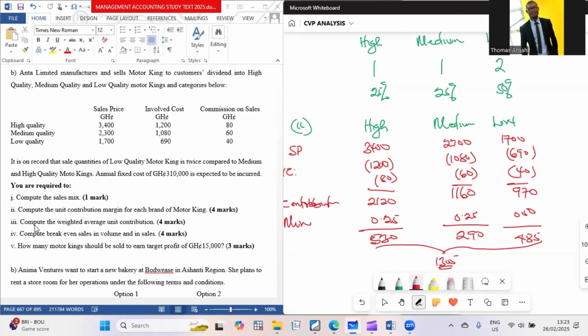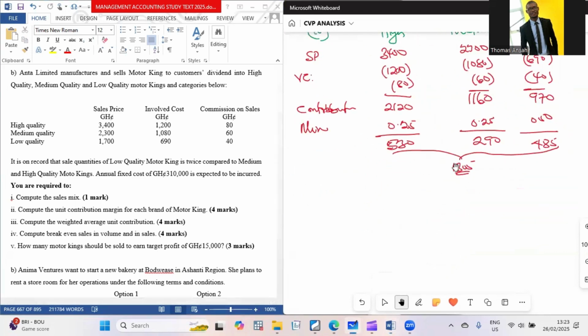So compute the weighted average unit contribution, that is what I have done.